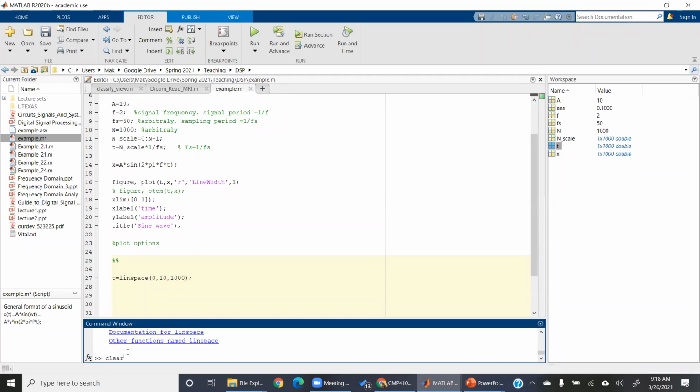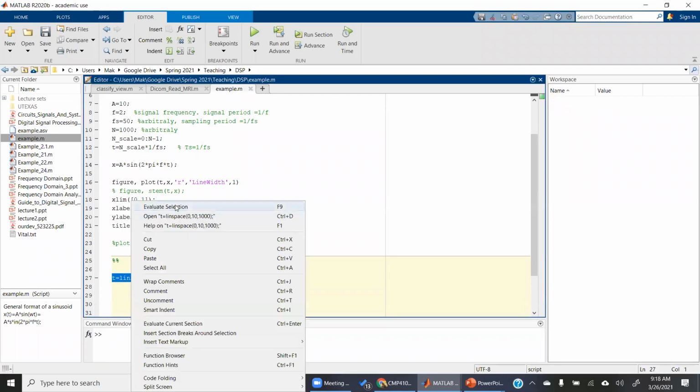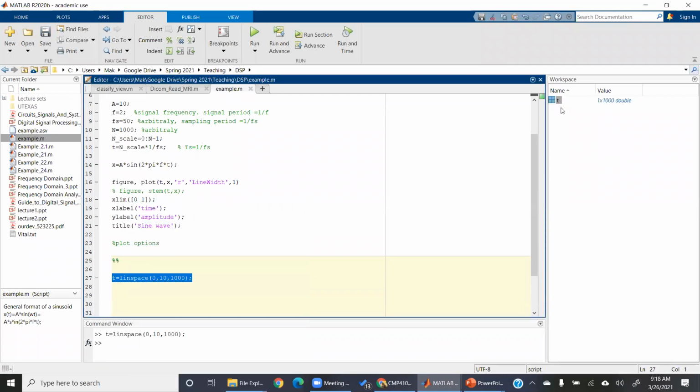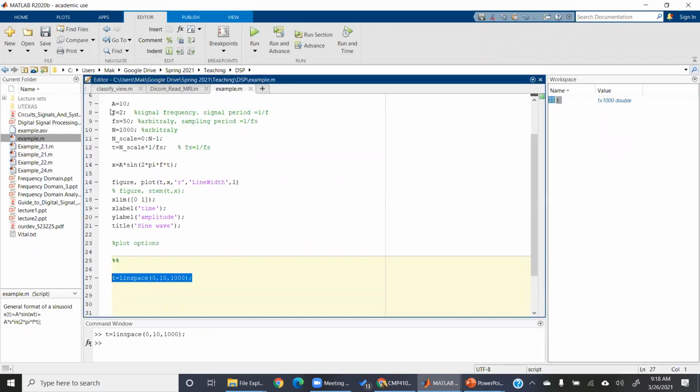Let me just clear what I have in my variable window. Okay, so if I run this, there we go. So you have 1,000 points, and it picks the interval for you automatically.